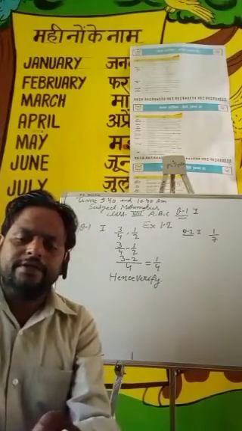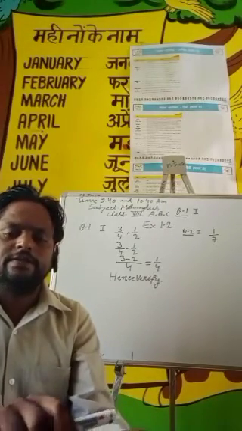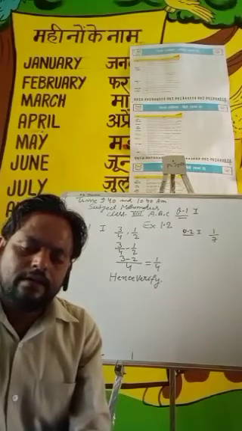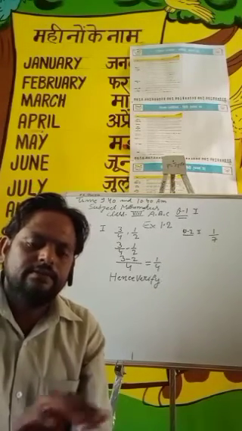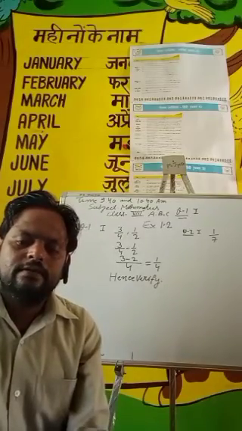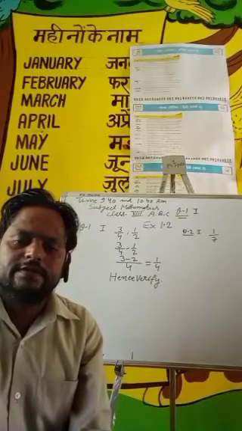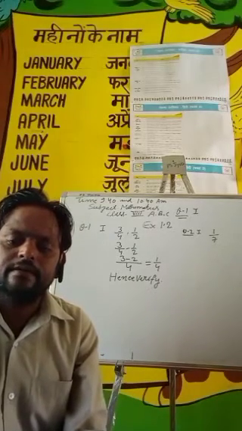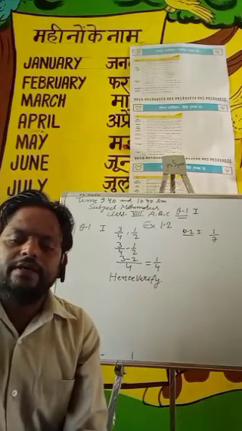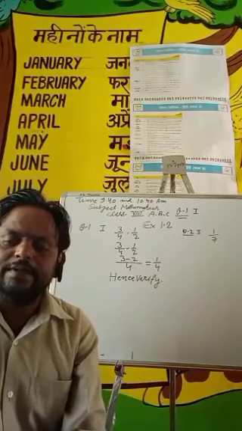Now, today we will discuss the subtraction of rational numbers and their properties. First property is closure property of subtraction for rational numbers. Second property, commutative property of subtraction for rational numbers.